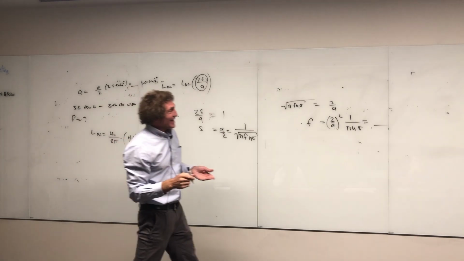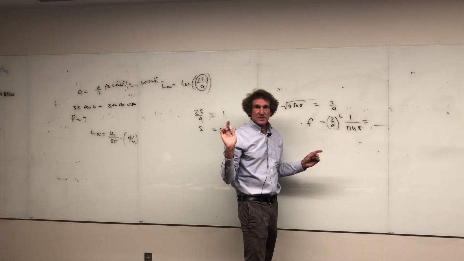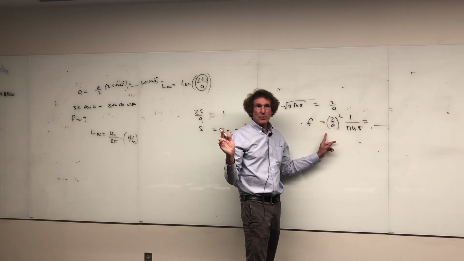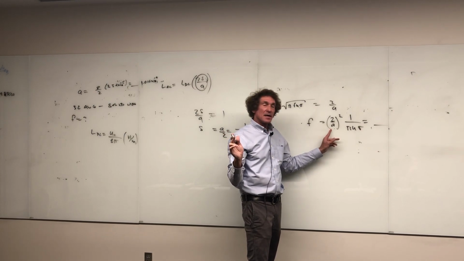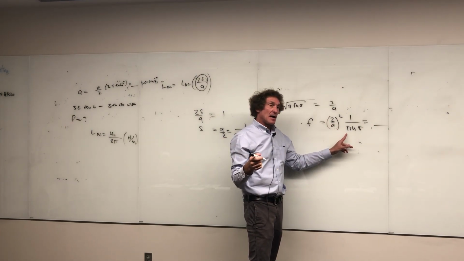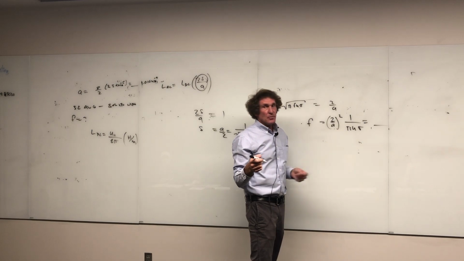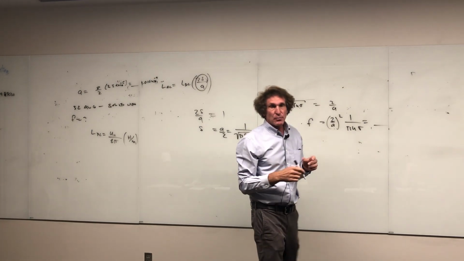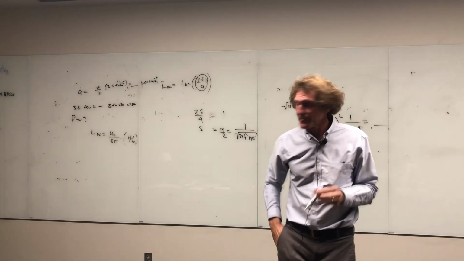So now go ahead and use that number here. Remember, you have to stay with MKS when you use this. Don't put mils in here. So when you do that, you get 2 over that number, square it and divide it by pi, and mu is 4 pi times 10 to the minus 7th, and sigma is 5.8 times 10 to the 7th.